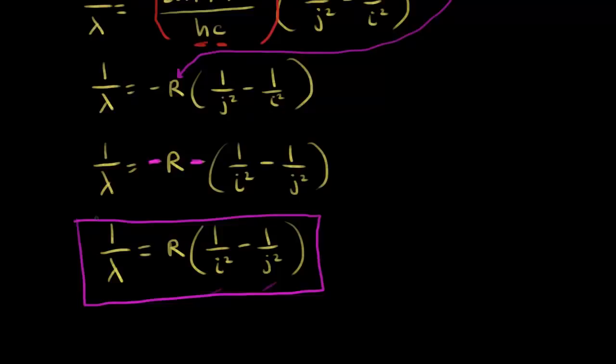And this is why we were exploring the Bohr model in the first place. So we got this equation, and in the next video we're going to see how this explains the emission spectrum of hydrogen. So think about lambda, or the wavelength, as the light that is emitted when the electron falls back down to a lower energy state.